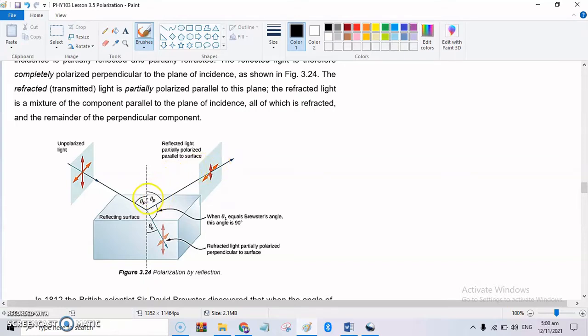Okay? And these angles are the same. Refracted light partially polarized perpendicular to surface. So there's a reflected light and also there's a refracted light.